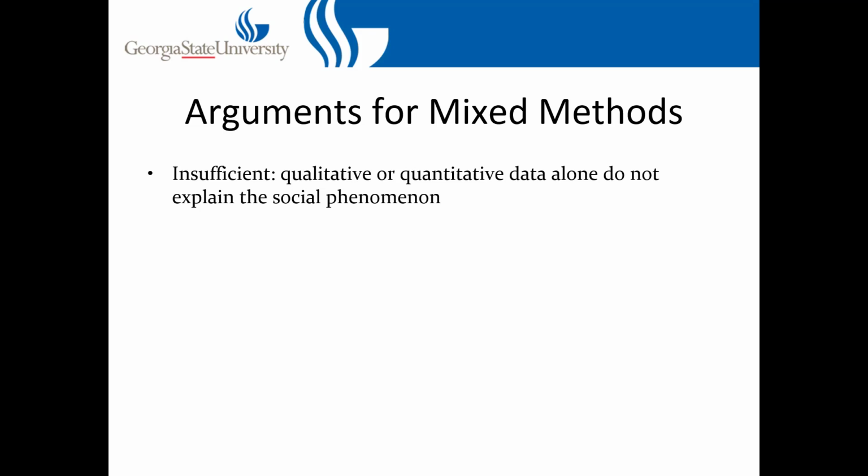And the reciprocal is true as well. If I just do a survey, I won't understand the other component of the social phenomenon. So insufficient is an argument that talks about if I just use one of these, I will not have a strong understanding of what's going on. I will have an incomplete understanding of what's going on.